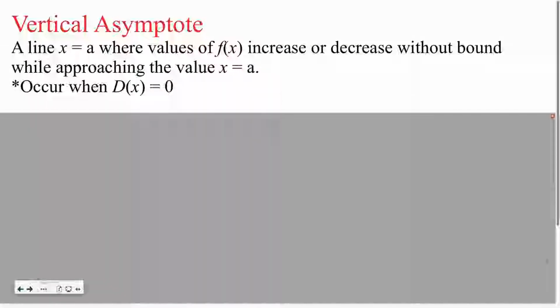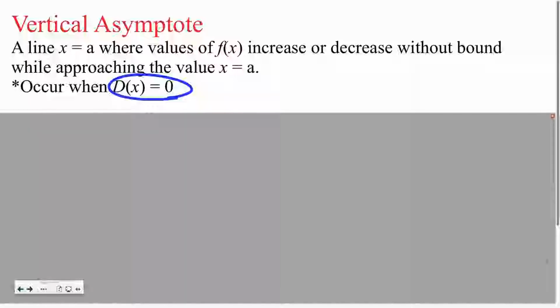So, when the denominator is 0, we have a vertical asymptote. Okay? What I have written here, a vertical asymptote is a vertical line that our graph will never cross. Okay?